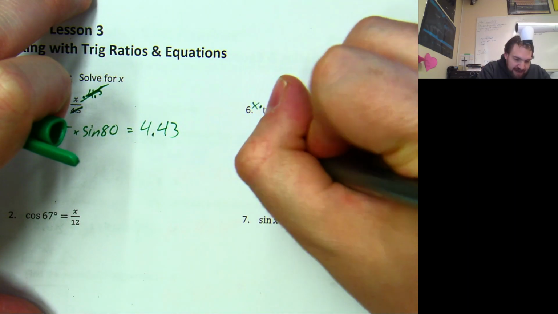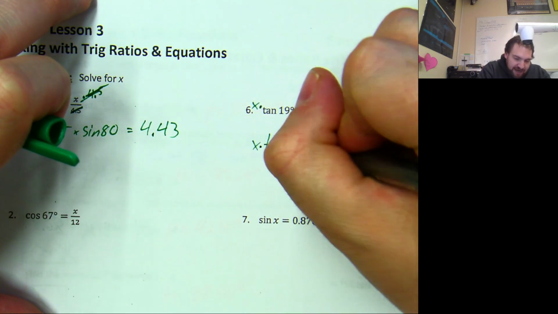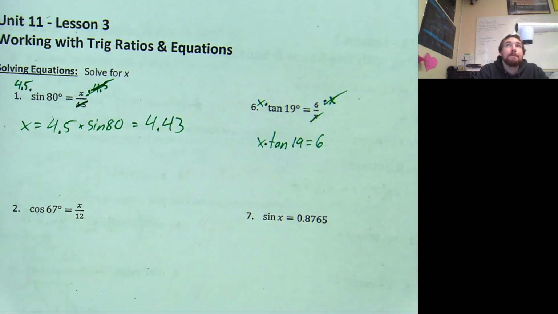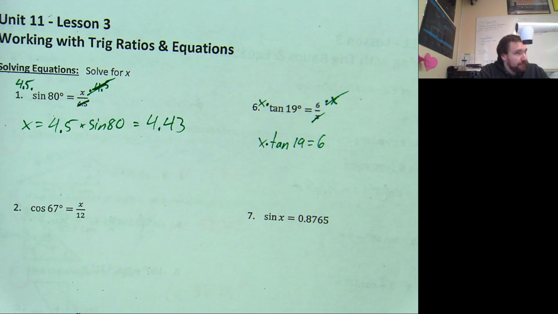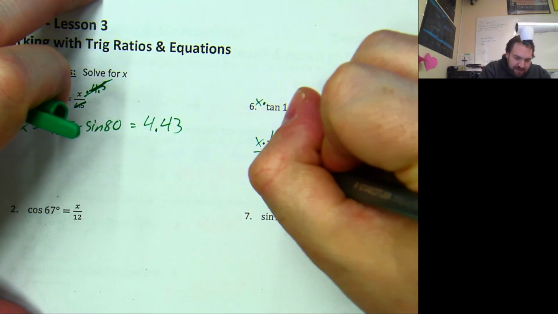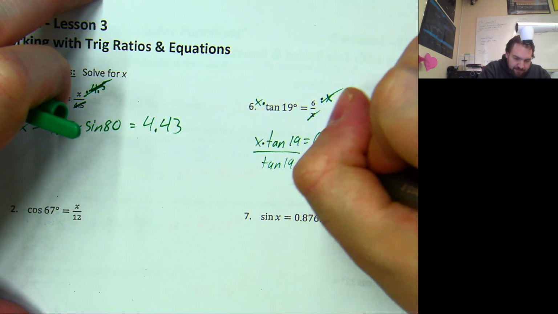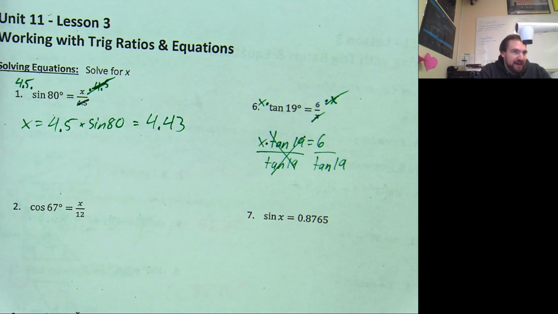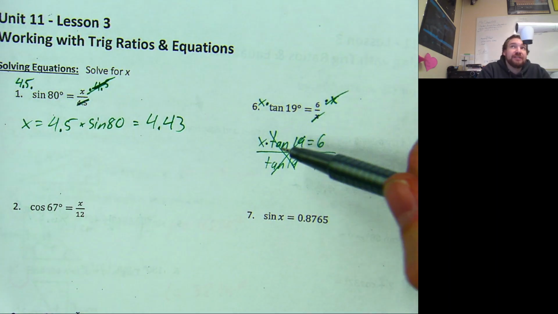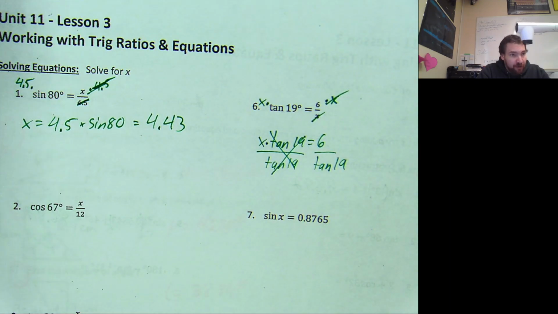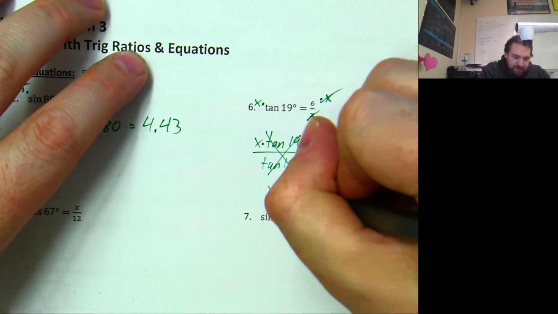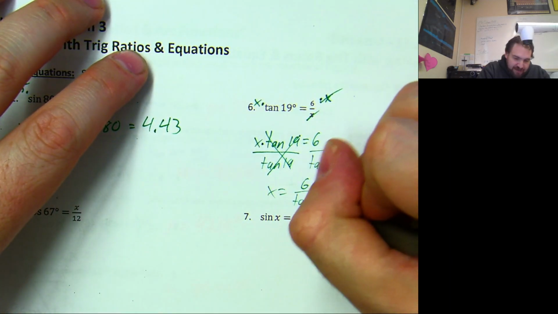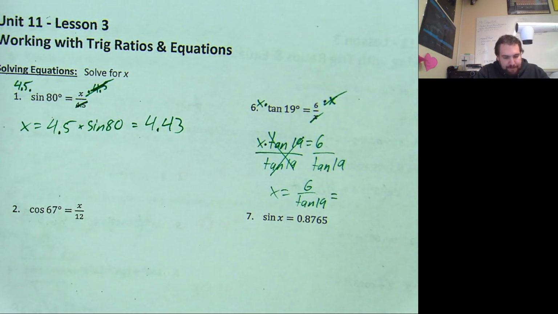I'm going to get x times tan 19 equals 6. What am I going to do now? Divide by tan 19. Remember, we can't just divide by tan. We have to divide by tan 19, because this tan 19 is all one number. So we're going to get x equals 6 over tan 19, which is equal to what?